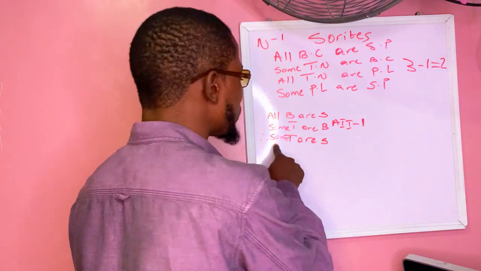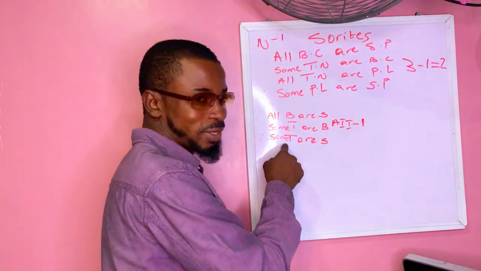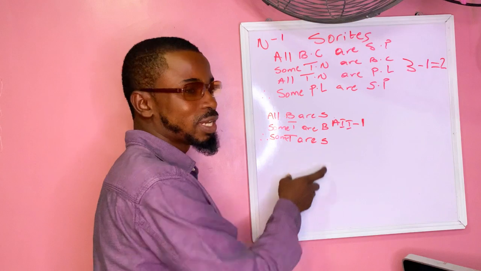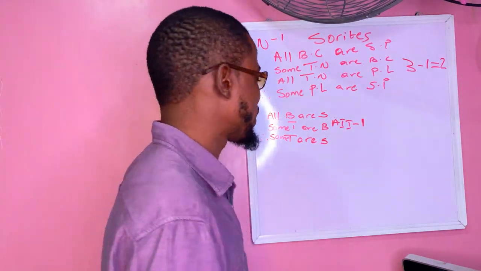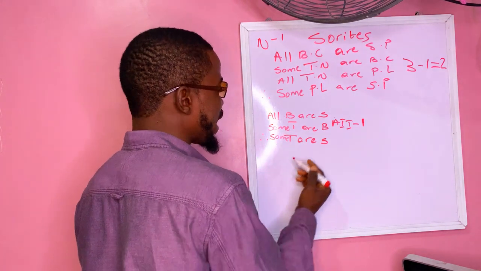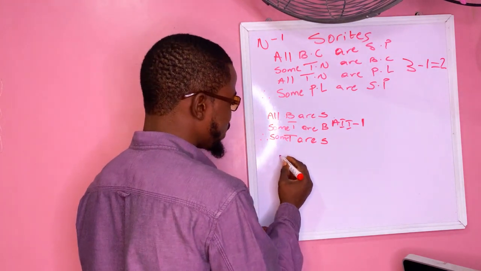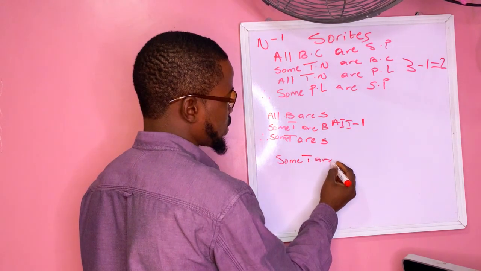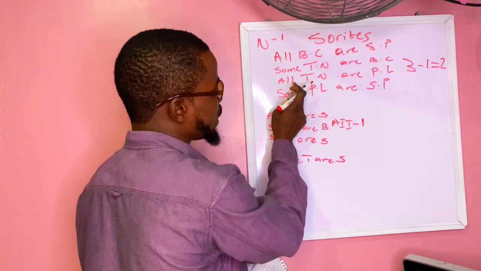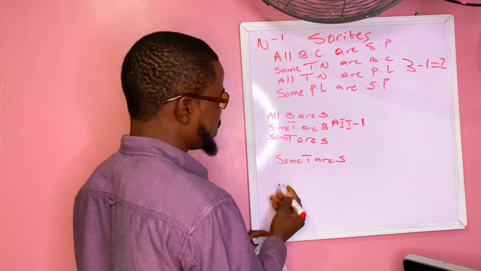So now the conclusion that you derived for the first syllogism is going to serve as the major premise of the second syllogism. So that means some T are S that I wrote last, I'll now write it again. Some T are S. Then I will take the second one, all timid Nigerians.